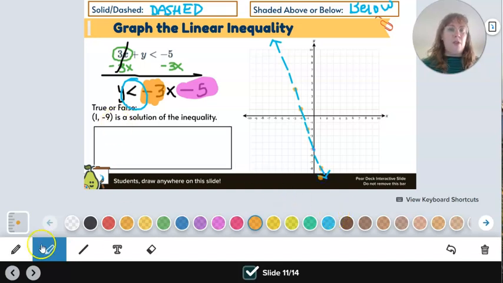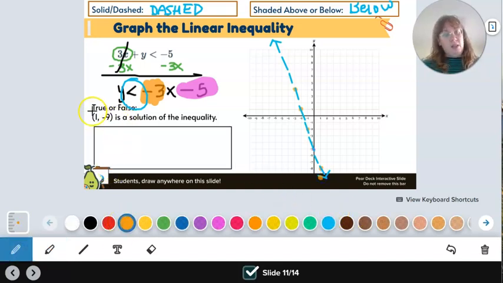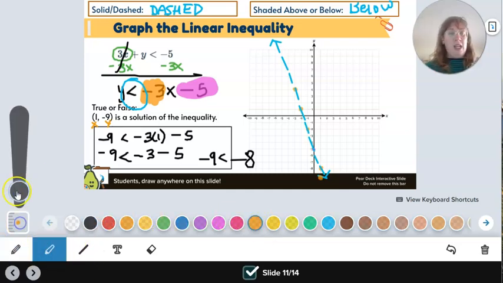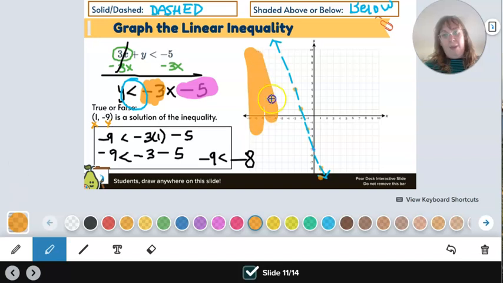So if we plug this in, if our x is 1 and our y is -9, we get -9 is less than -3 times 1 minus 5. So is -9 less than -3 minus 5, which is -8? And yes, it is less than. So below this line is going to have that point. So this is our below side.